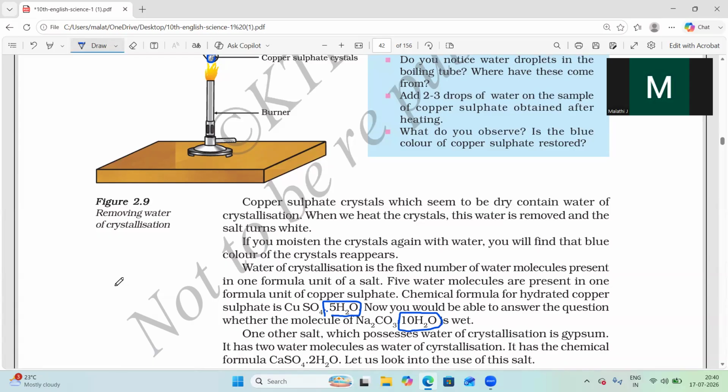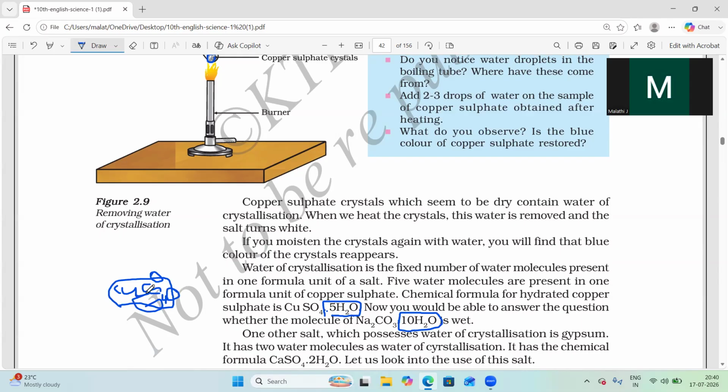So if you take copper sulfate, CuSO4.5H2O, it will be surrounded by 5 water molecules.